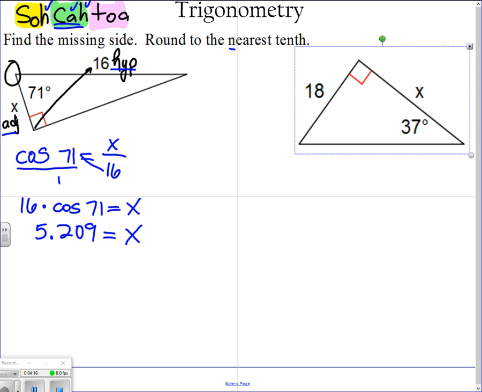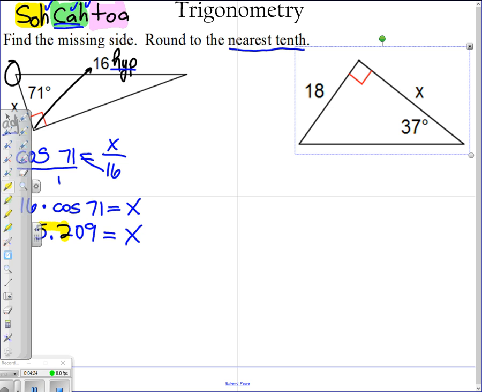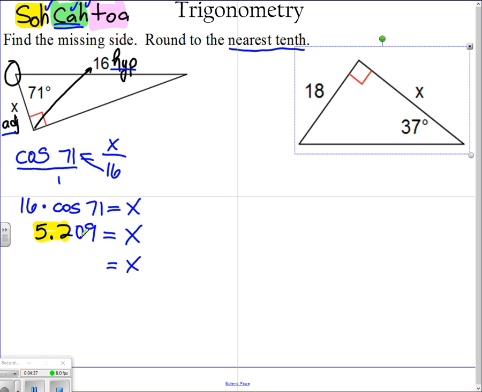It says round to the nearest tenth place. Now, the tenth place is this one right here. So what that means is my answer is 5.2 or 5.3, depending on the number after the tenth place. If this is 5 or larger, you add 1 to it.